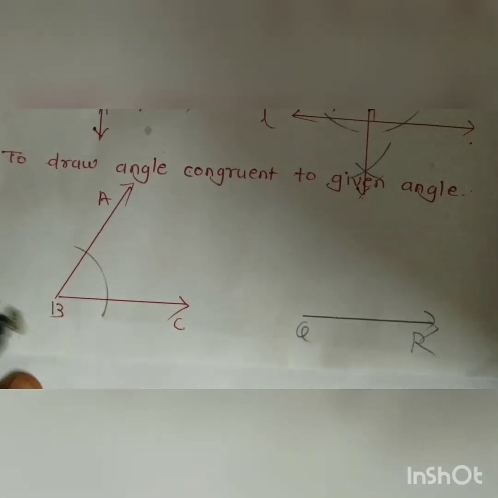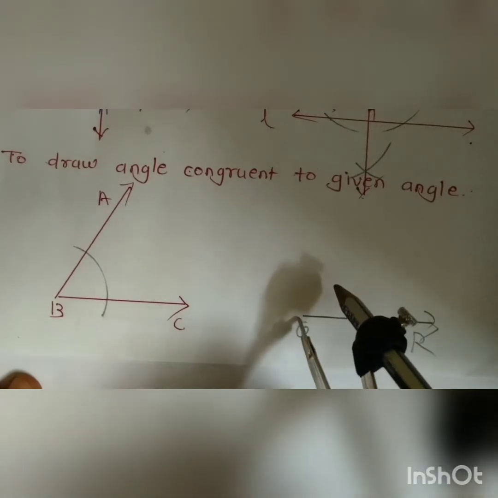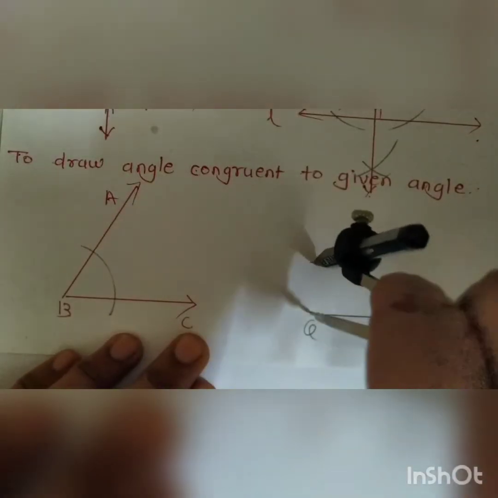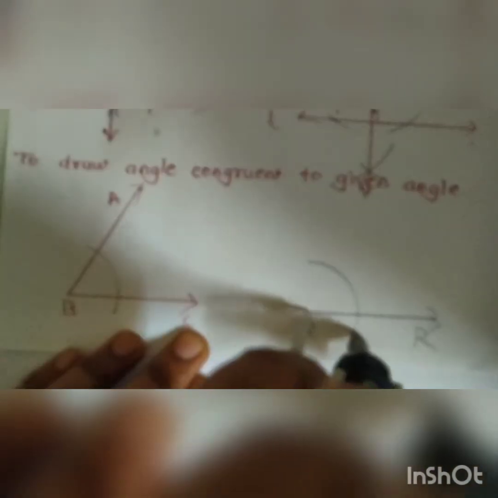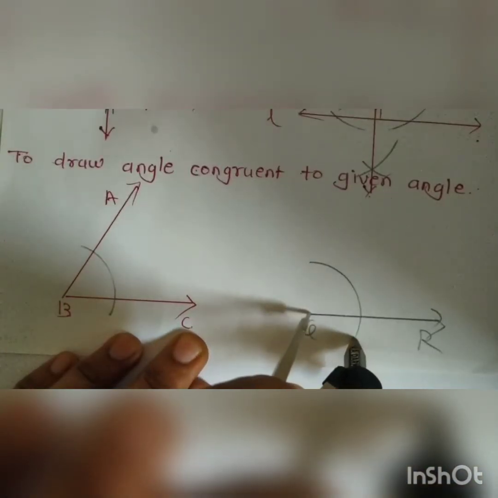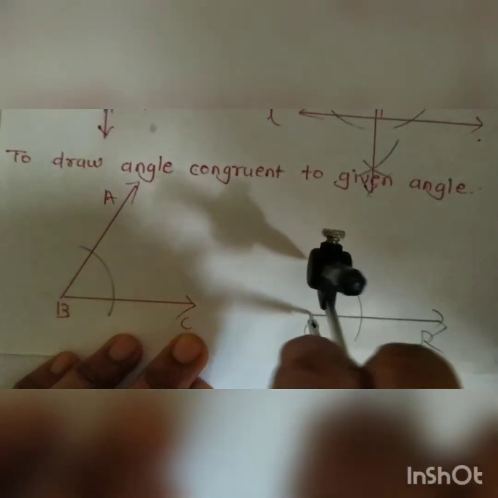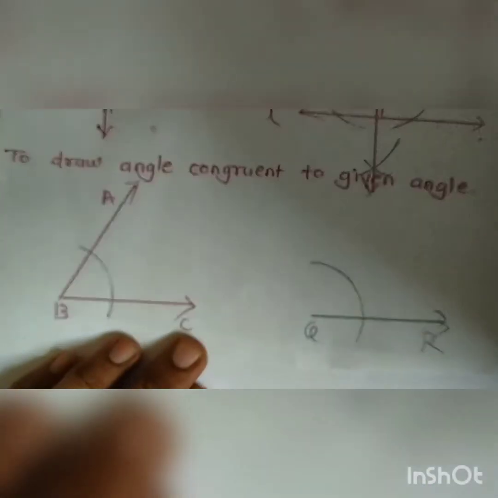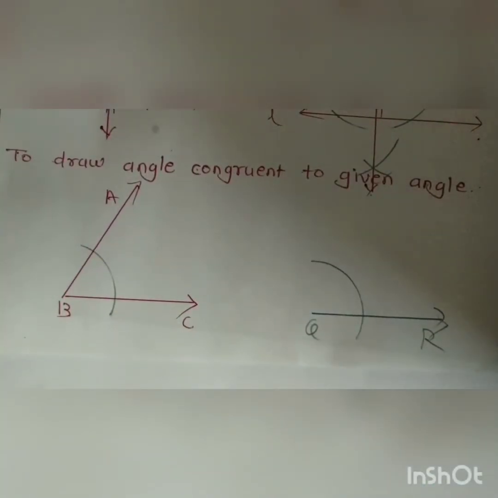With the same distance, putting the compass on Q, make an arc which will intersect side ray QR and above that, like this way. This is the first step of construction.